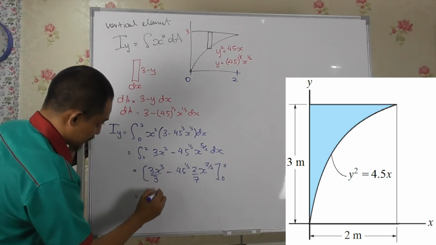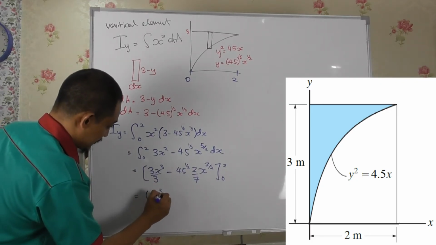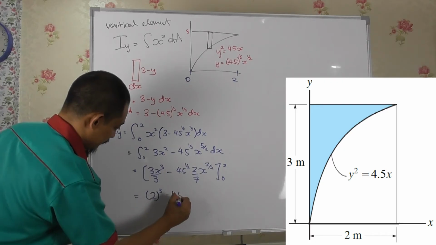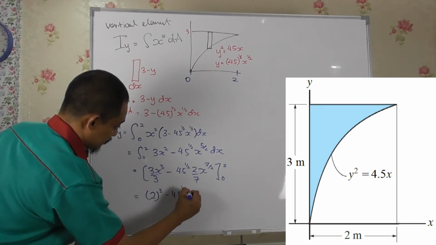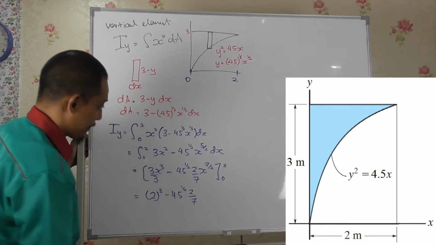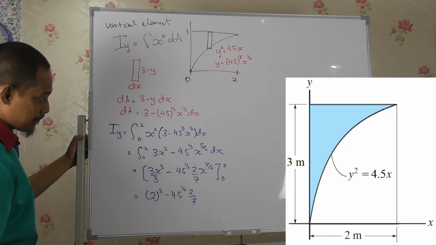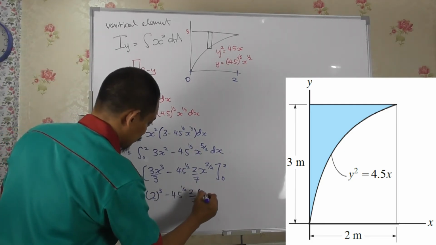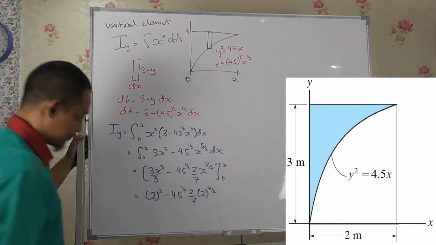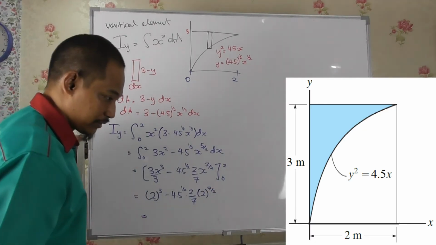So this one you can cancel, so you get 2 to the power of 3 minus 4.5 to the power of half times 2 over 7, and then 2 to the power of 7 over 2. So from here, okay, let me check.